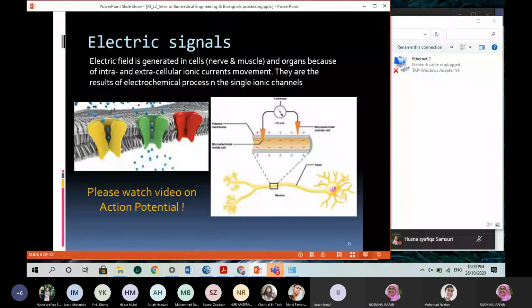If the depolarization reaches higher than negative 50 millivolts, you will produce an action potential. If it does not exceed negative 50 millivolts, you don't have any action potential, so the signal simply dies off.